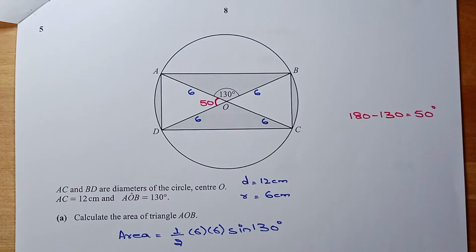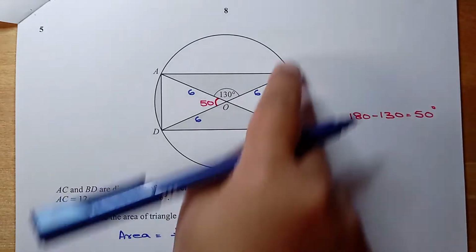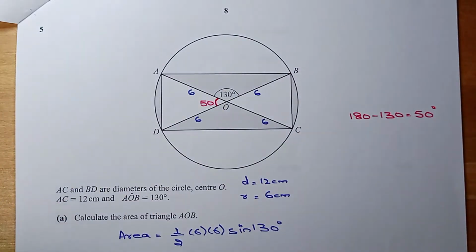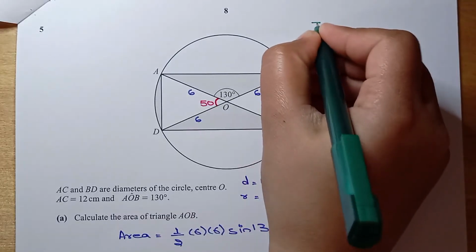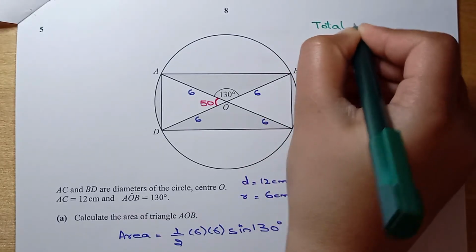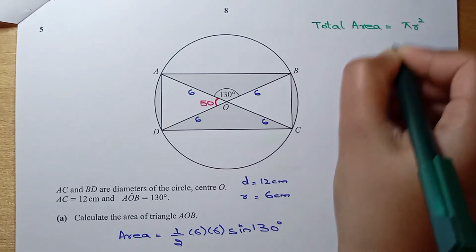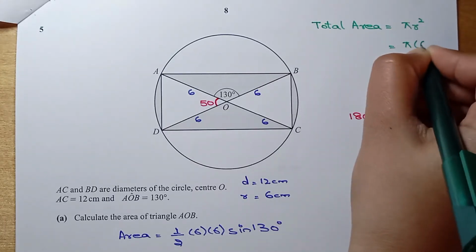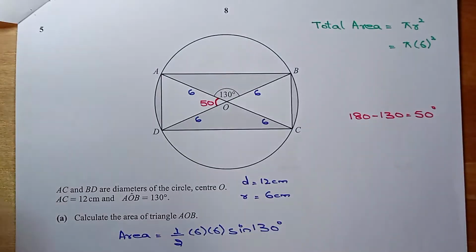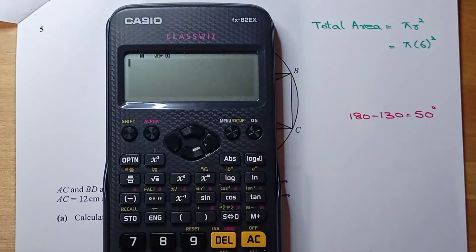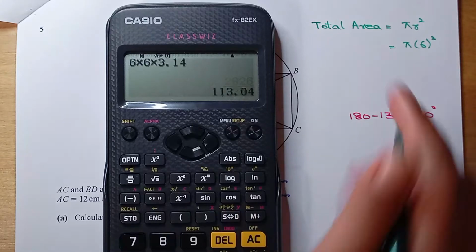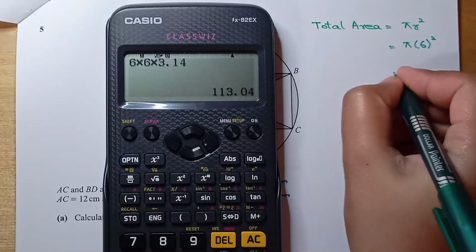For the total area, this is a circle, so the total area is the area of a circle, pi r squared. So pi times the radius 6 squared. That would be 6 times 6 times 3.14, which is 113.04.